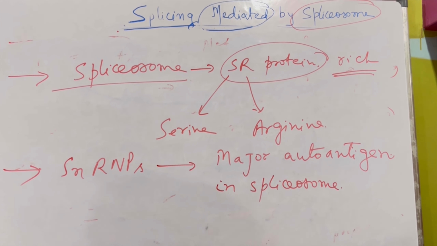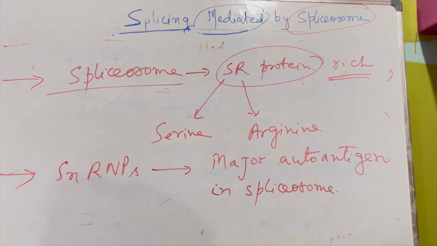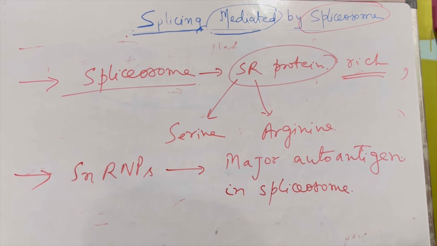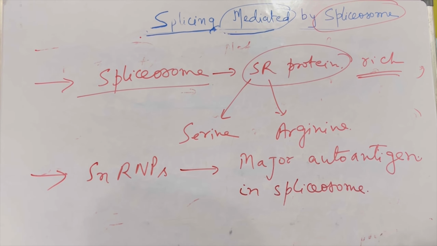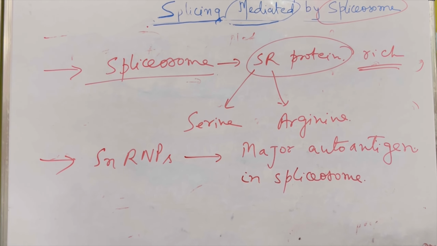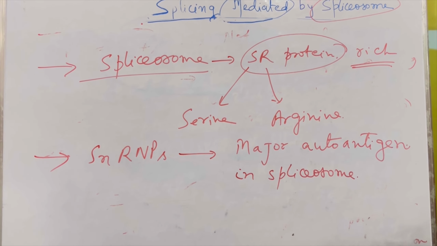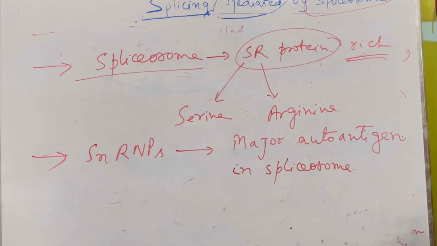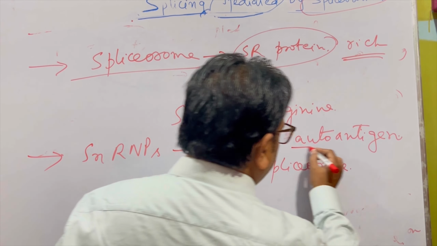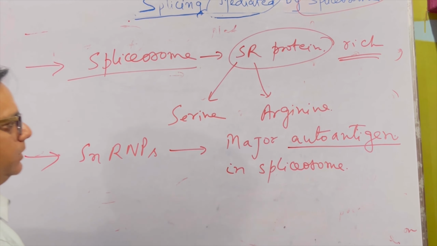It is a major autoantigen in a spliceosome, and when you talk about an autoantigen, you are talking about a normal or complex protein that is recognized by the immune system of patients suffering from autoimmune disease. So that is the definition of autoantigen.